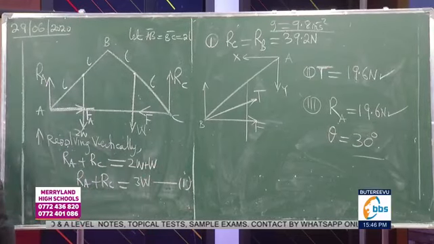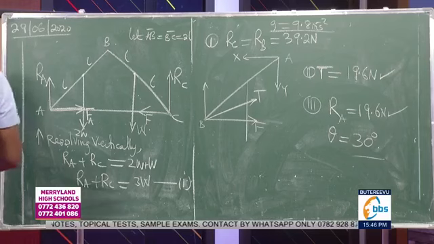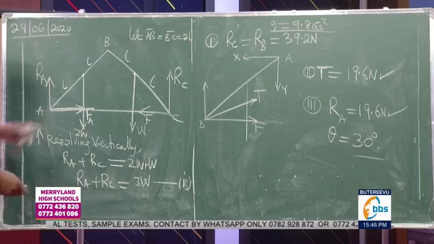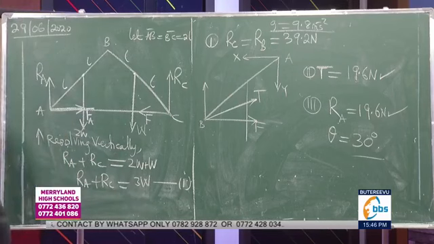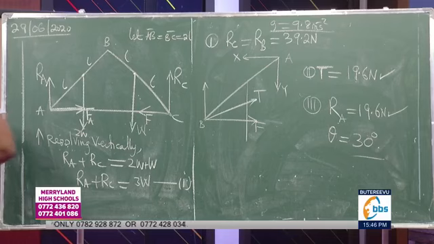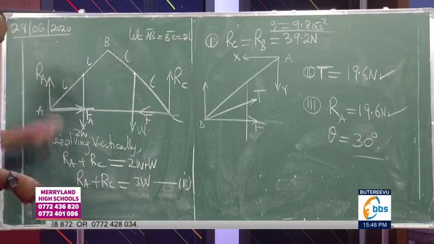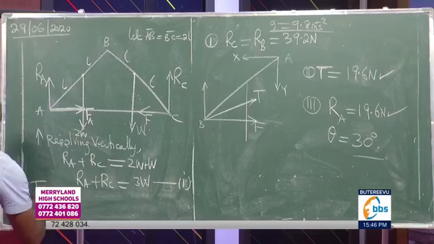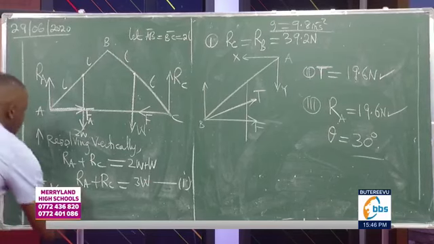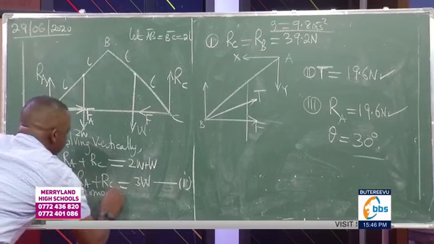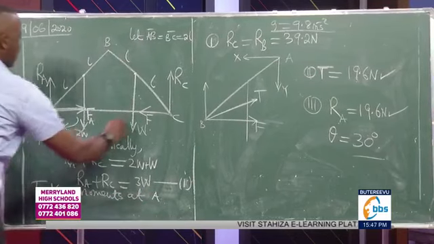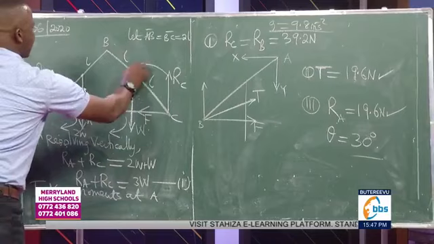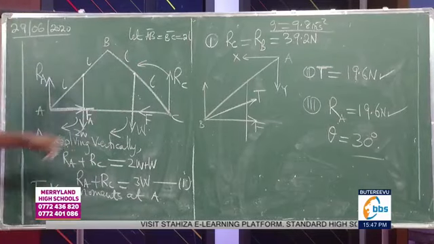Then we are going to take moments at one point. If I take moments here, I get the reaction RC, and if I get RC, it can help me get the reaction at A. Taking moments at A, this one will be clockwise, and RC will be anti-clockwise.